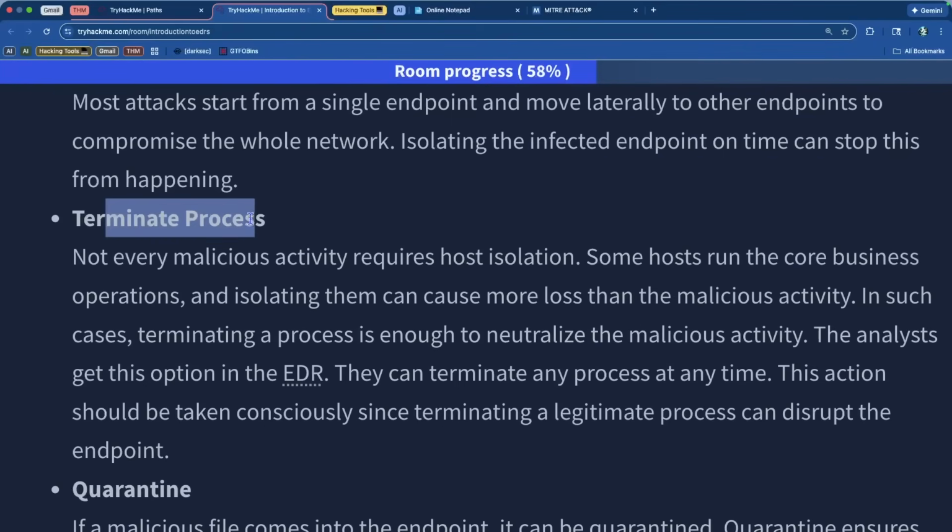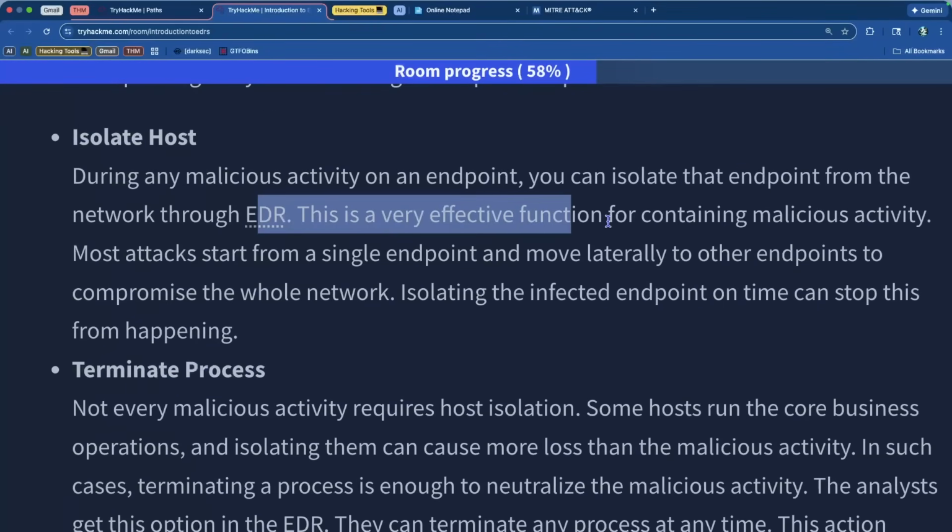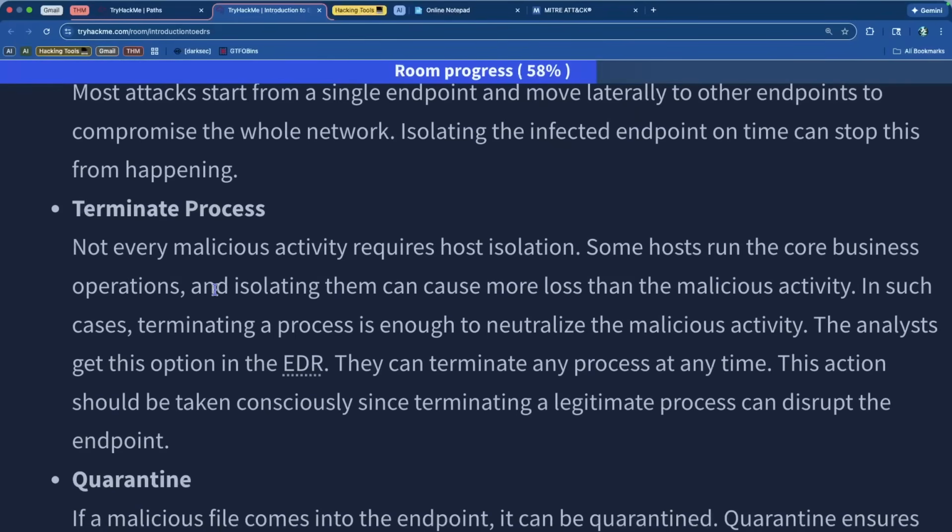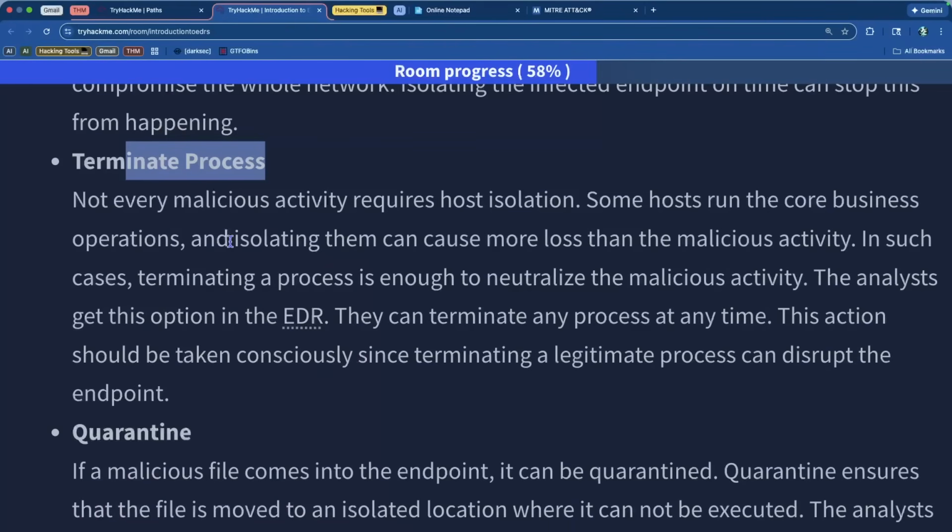Terminating the process happens after you isolate, right? You isolate the endpoint, then you narrow down what the process is. It doesn't necessarily happen with host isolation, although I would recommend that if you suspect that something is going on, you immediately isolate that host, because you don't know if it's just one process, and you might need to look at other processes that are taking place.